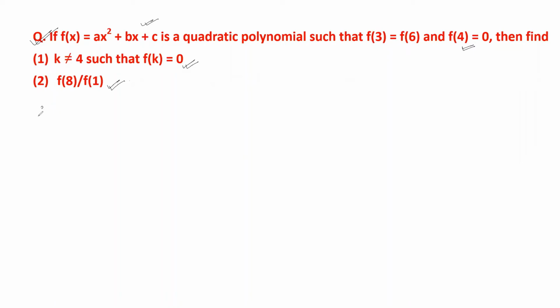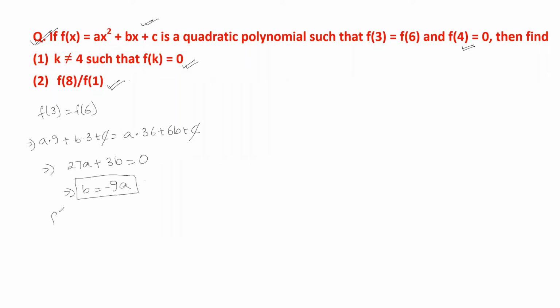So, using f(3) equals f(6), we can write a into 3 square, that is 9, plus b into 3 plus c equals a into 6 square, that is 36, plus 6b plus c. If we simplify this, this would be 36a minus 9a, that would be 27a, plus 6b minus 3b, that would be 3b, and this c and c we can cancel. So this would be equal to 0. From this, we can write 3b would be minus 27a. So b can be written as minus 9a.